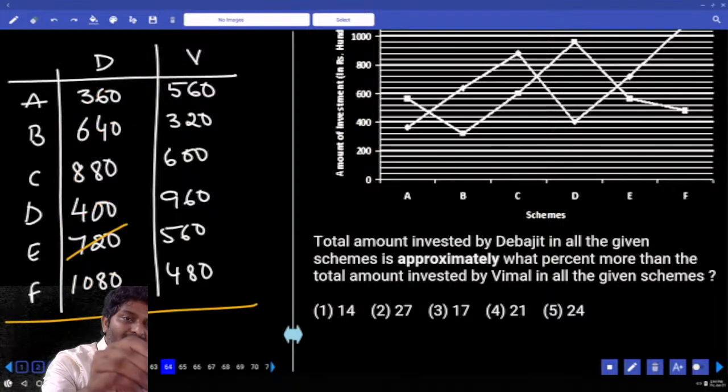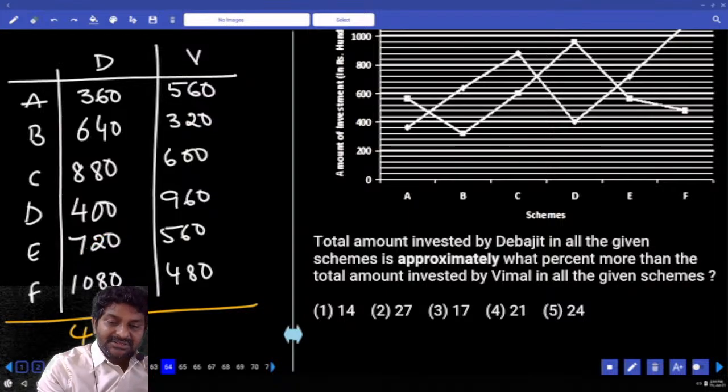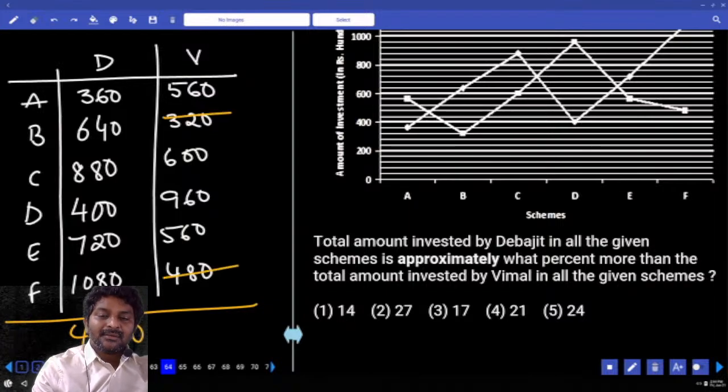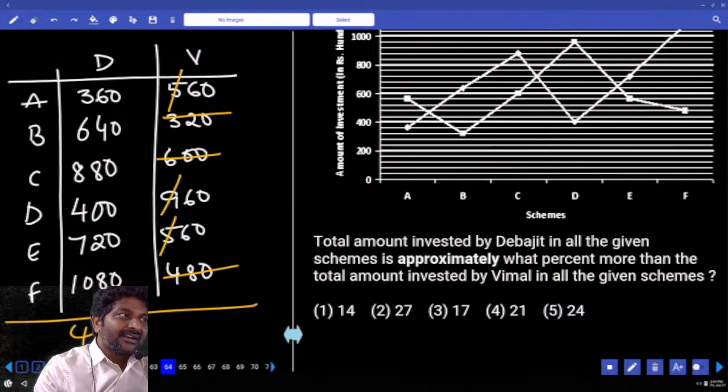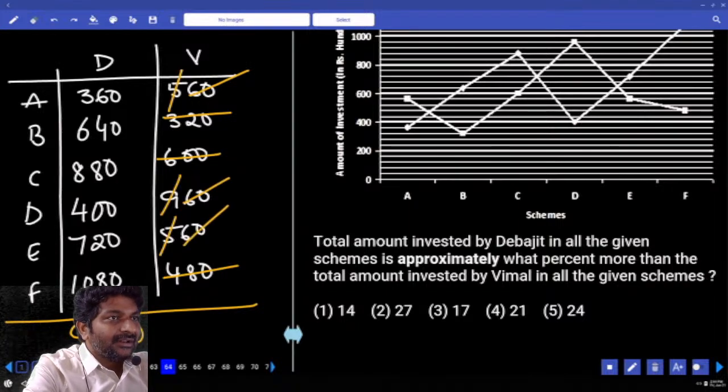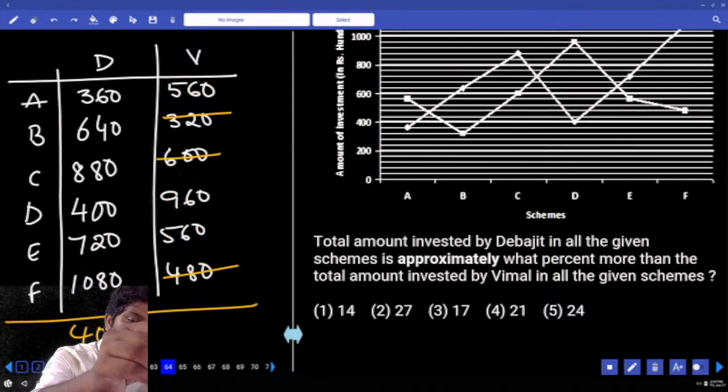Total? 4080. Correct? Sum of these two numbers? 8 plus 6, remember 1400. 500, 500. Total so far 2400 plus 900, 3000, 60, 60, 60. Total 3480.